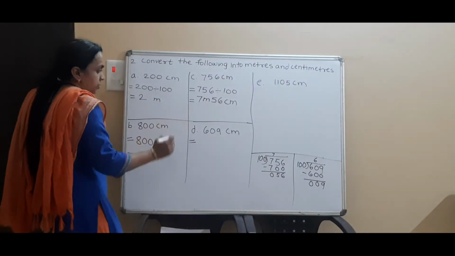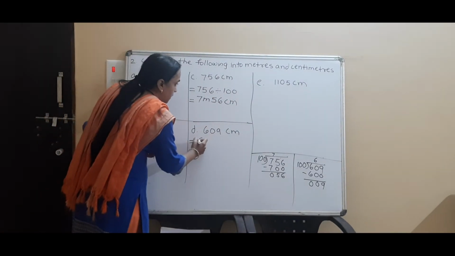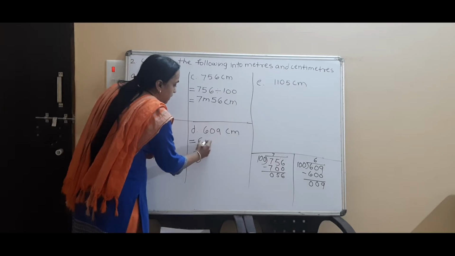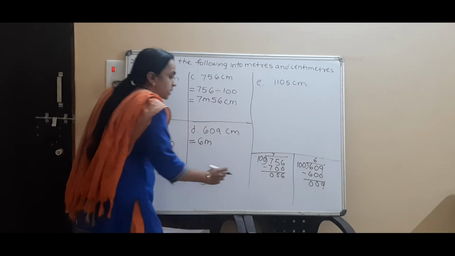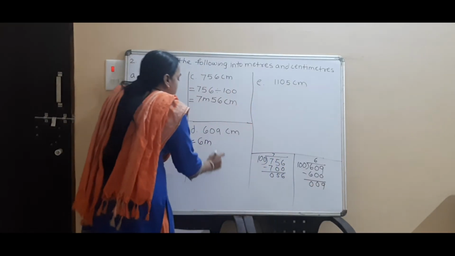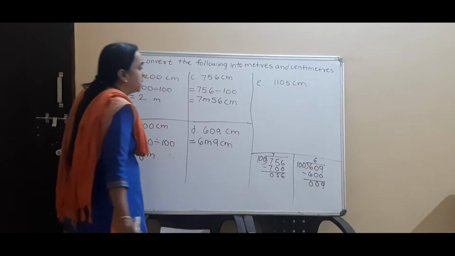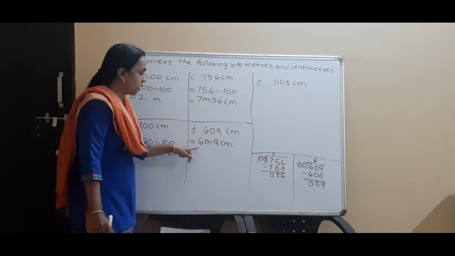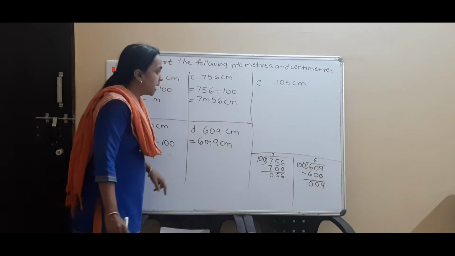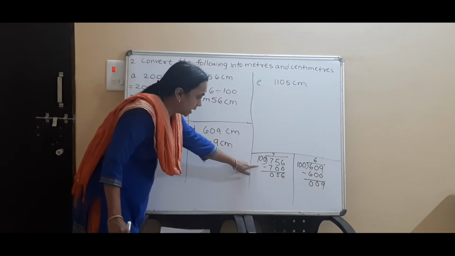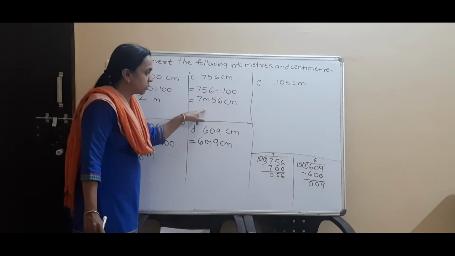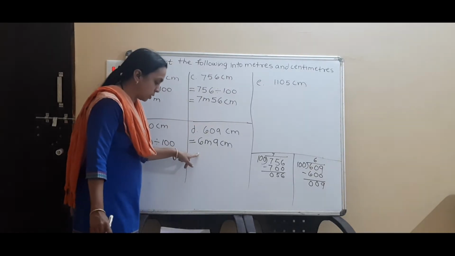So what is the quotient here? Our quotient is 6. So we have to write down here 6 meter. And what is the remainder here? 9. So we have to write down here 9 centimeter. So in this way we have to write down the answer. If you want to write this division here also, you can write, no problem.